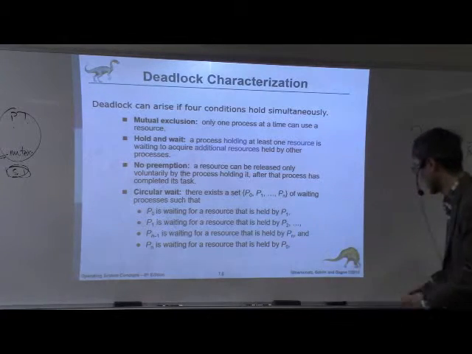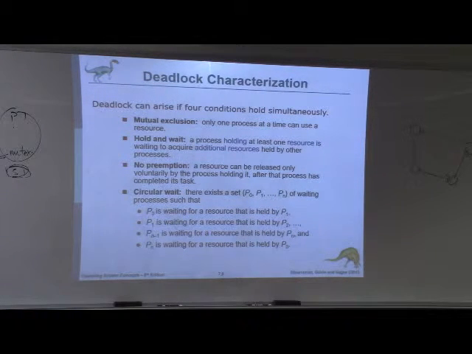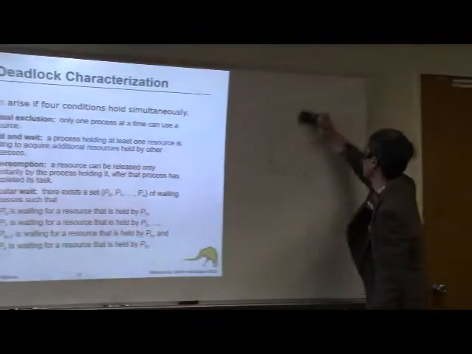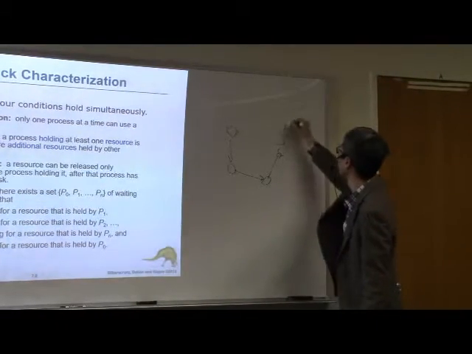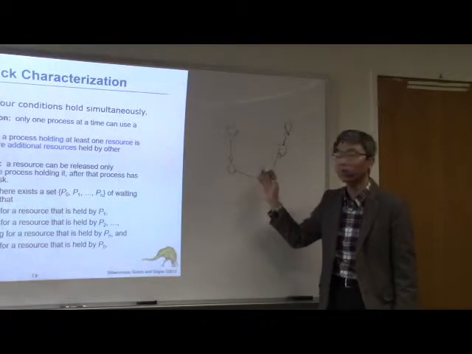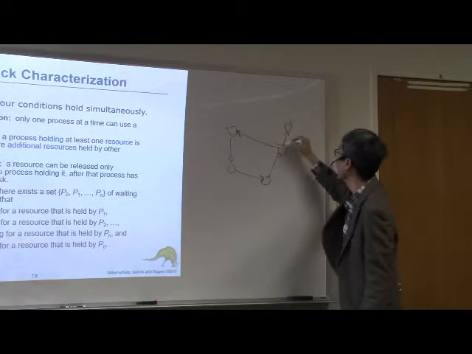So we will see. Professor, yes. Hold and wait and circular wait, are they the same thing or different? This is just hold and wait. Hold and wait can exist without a circle. Sometimes they request, and that is considered a circular wait, but hold and wait is just hold and wait.